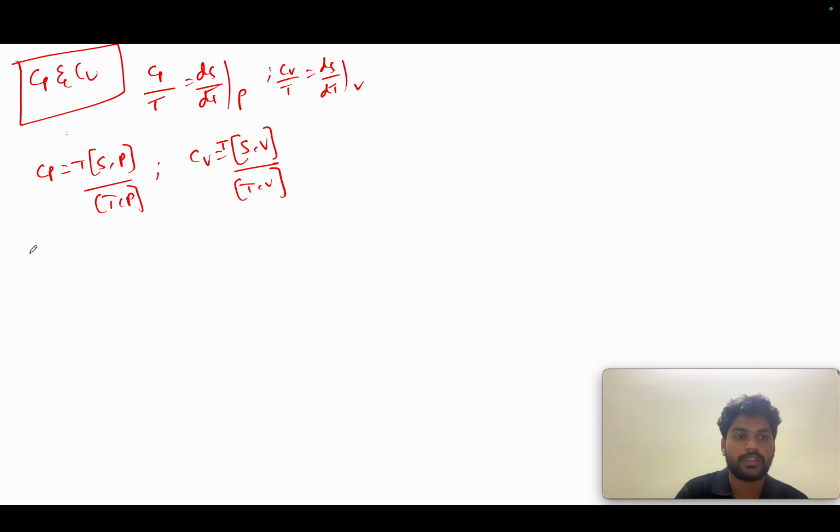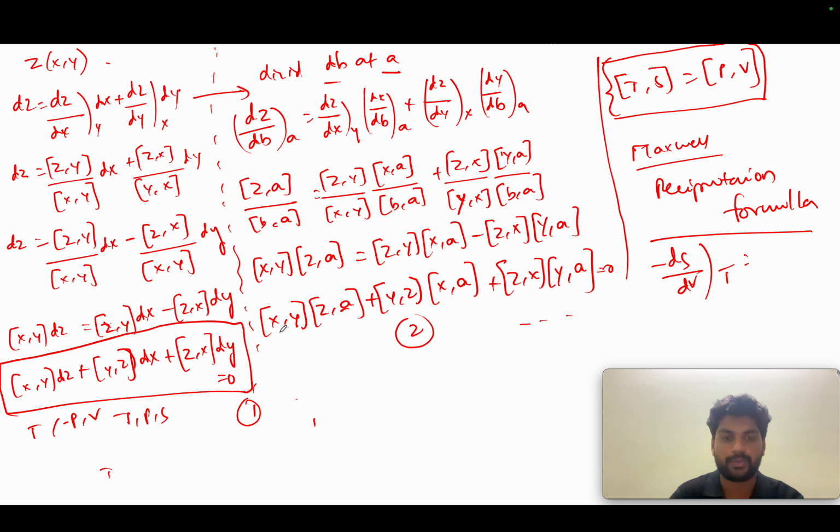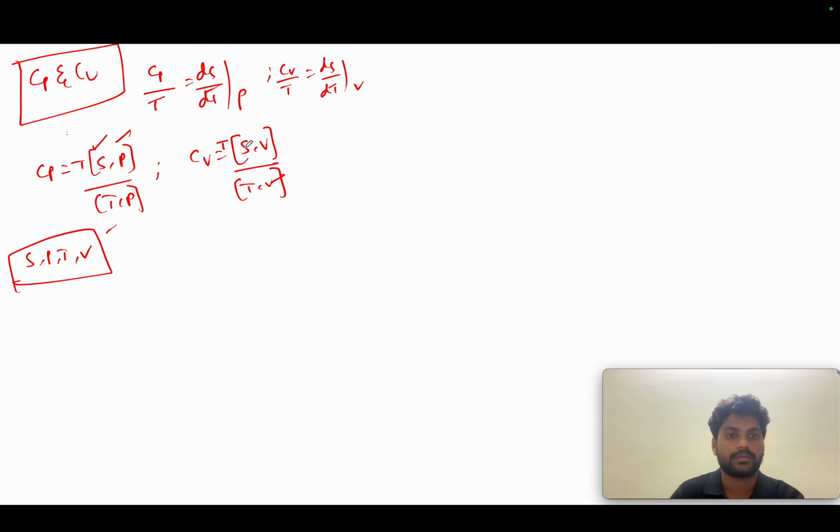Now we have here, you can see we have S, P, T, V in the Jacobian. So we have the four properties, and four properties means we can come to this equation. We can directly write this one, because you can see that at constant P, constant V and all, both the equations will be matching.